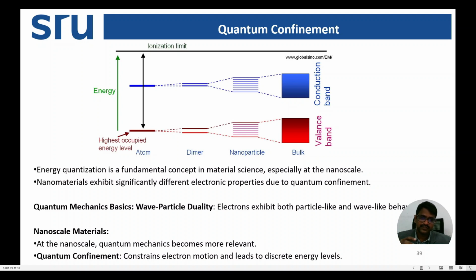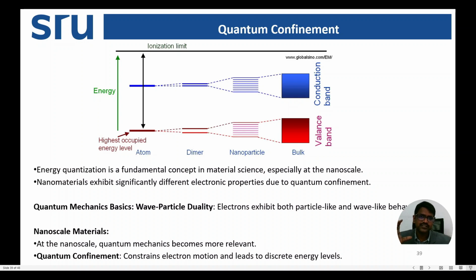But our discussion is at the atomic level, at the nano level. At this stage, quantum mechanics plays a vital role. Quantum mechanics comes into the picture, and its principles play a big role in understanding nanoscience and nanotechnology.